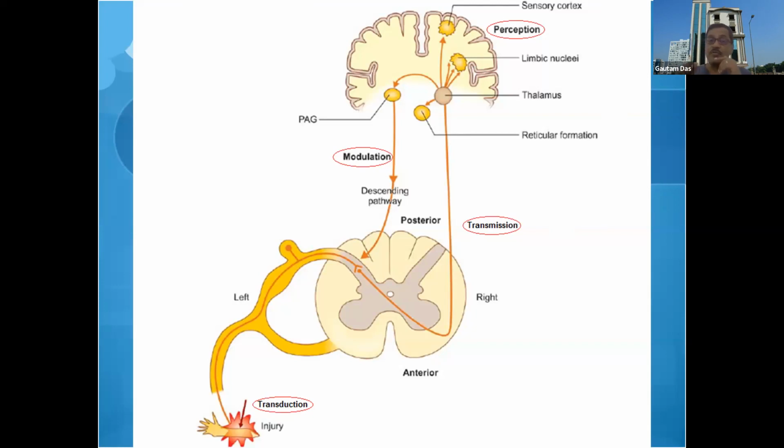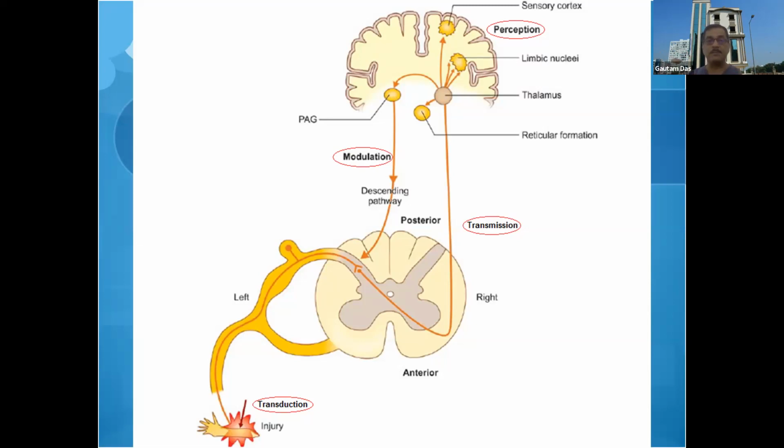If excitatory neurotransmitters are released, then in the next order neuron the action potentials will be accentuated, increased, amplified. Whereas if the neurotransmitter is inhibitory, then it will be dampened, reduced. So if the released neurotransmitter is inhibitory, then what will happen? Your pain will be relieved.